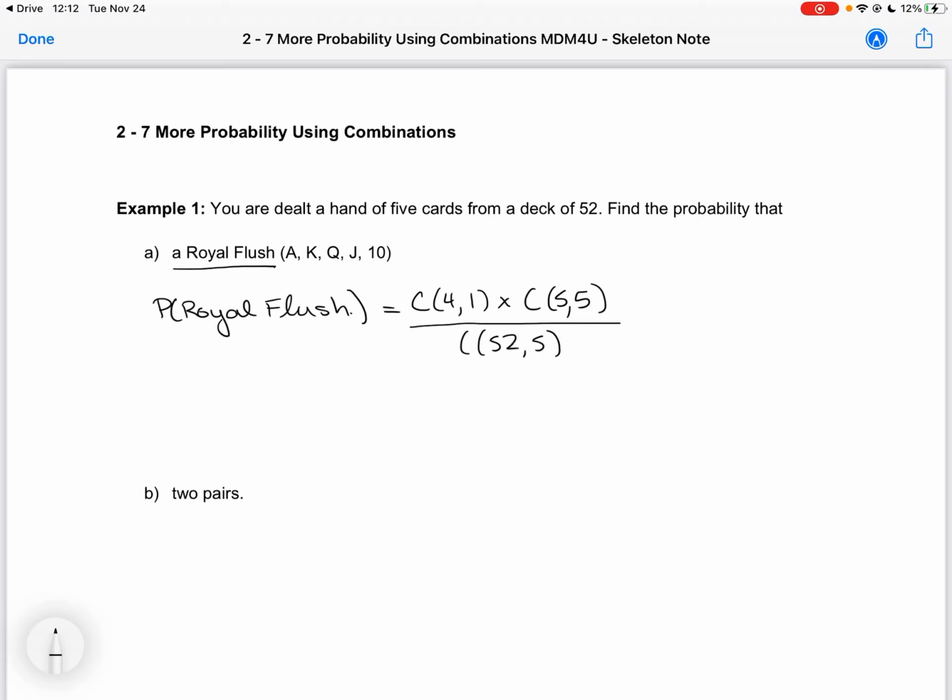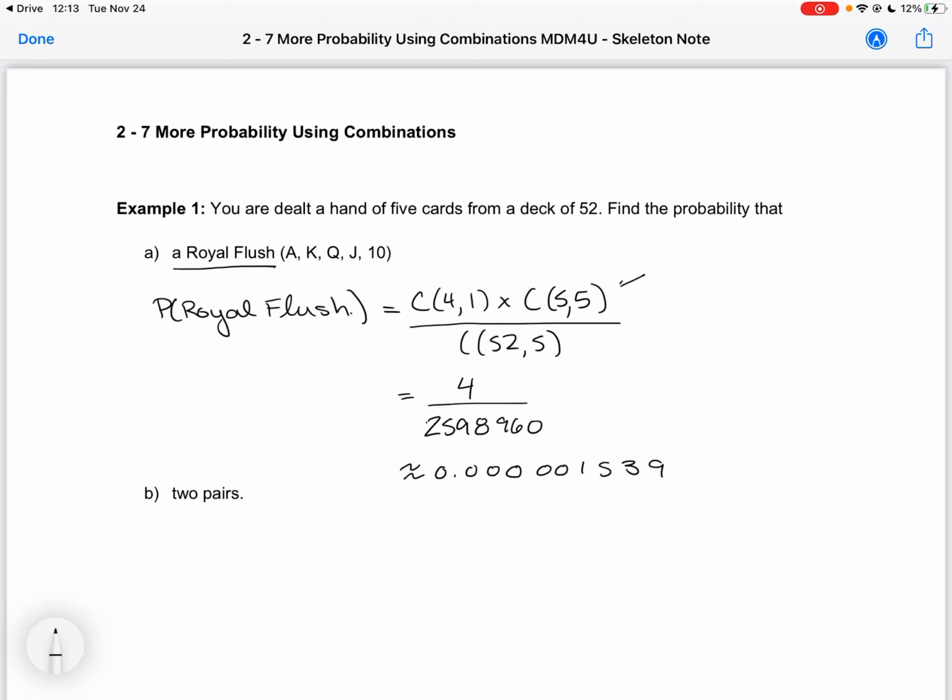And then the bottom is still our number that we were using before, the number of possible 5 card hands. Okay? So there are 4 ways that you can get a royal flush, over this number that you should recognize from the video, 2,598,960, which is an incredibly small chance of getting a royal flush.